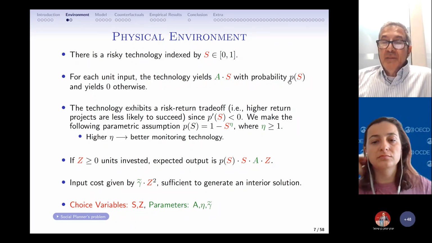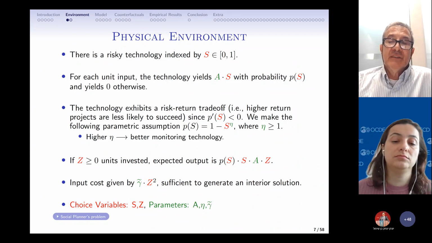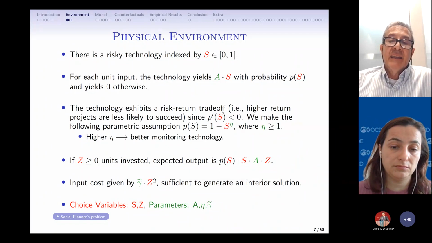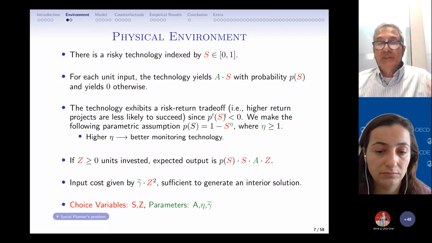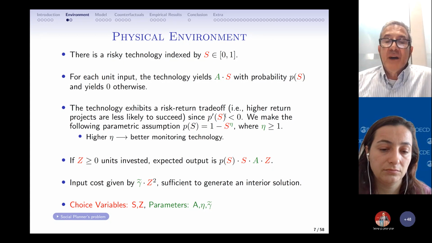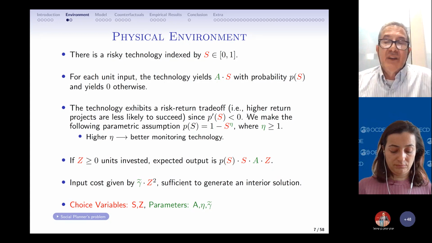But the probability of success is going to depend upon the return. So if I want high returns, so S is high, the success rate goes down. That's generating a risk-return trade-off in the model. This is just something that Allen and Gale do. It's a nice, simple way to generate a risk-return trade-off.